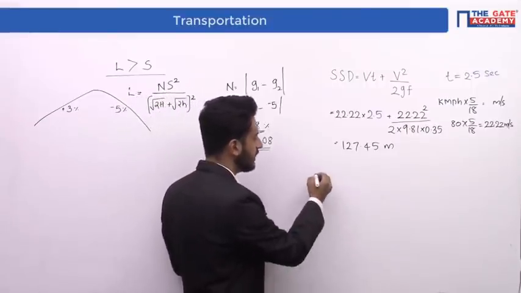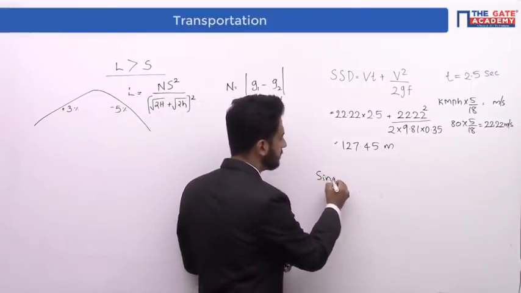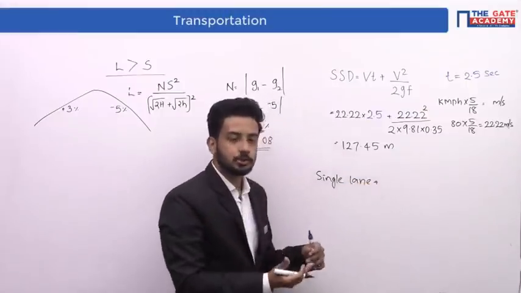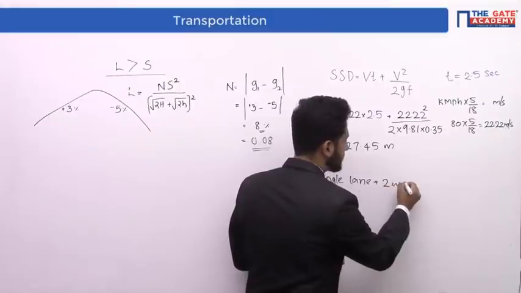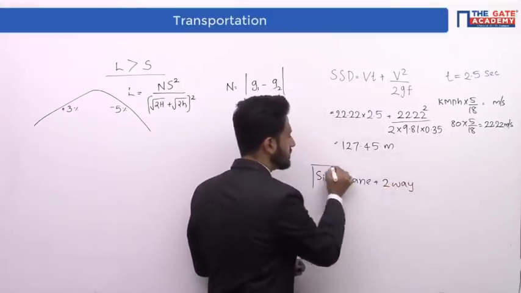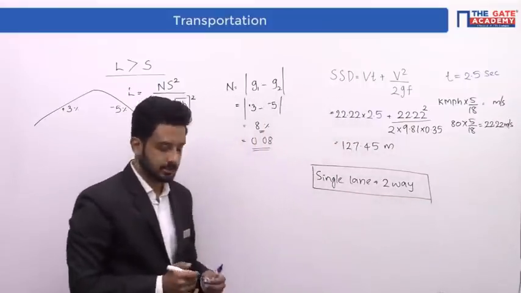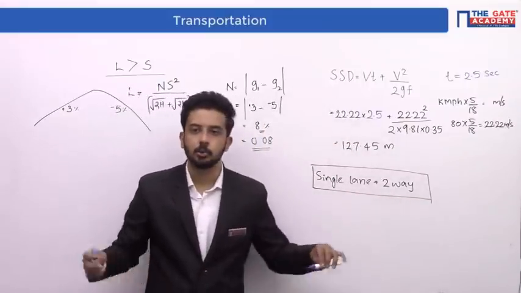So what is the special case for us? If a lane is there which is a single lane, and that single lane is 2 way, this is a special case. A single lane 2 way means what?